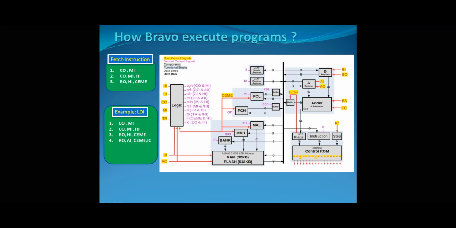Now, the counter out high is responsible for outputting the content of the program counter high byte on the bus. The counter out low is responsible for the same thing, however, for the low byte. Now, the counter in, when combined with HI, gives us 2 more signals: counter in high, which means reading the content of the bus into the high byte of our program counter, and counter in low, which does the same thing for the low byte.